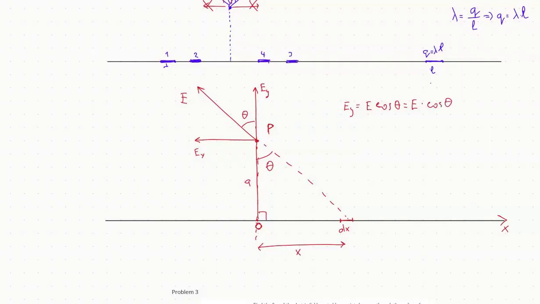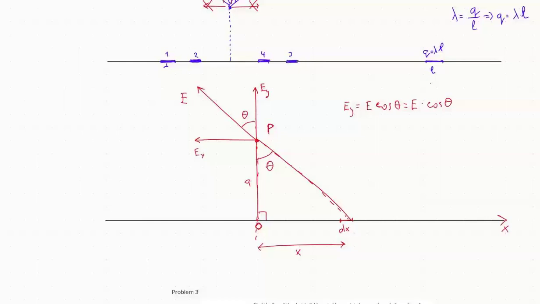Okay, now I want to find E. The field, let's call it small e, is a small piece.